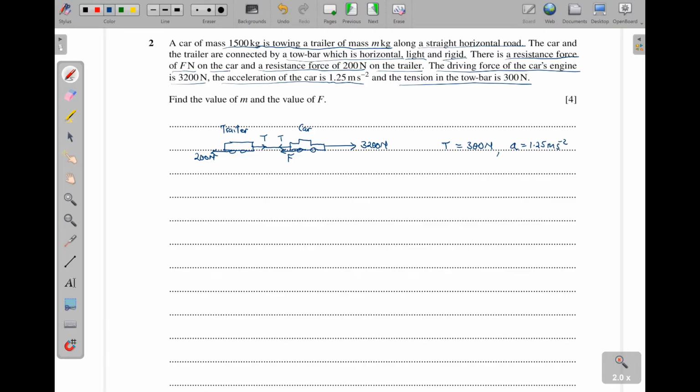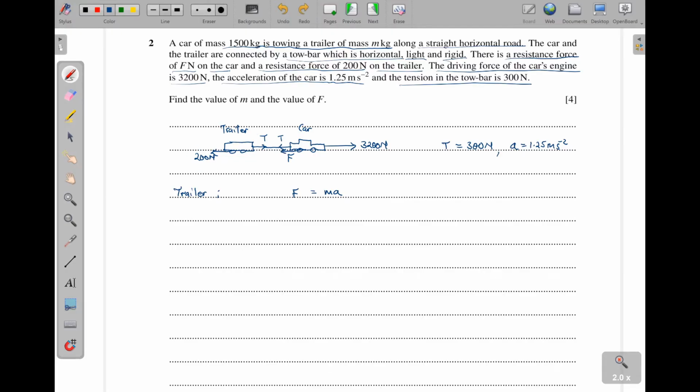Now we are supposed to look at the forces that are on the trailer alone, and then we also look at the ones on the car. So let us look at the forces that are acting on the trailer. We are going to use F equals MA. The net force that takes the trailer forward is the tension minus this one here.